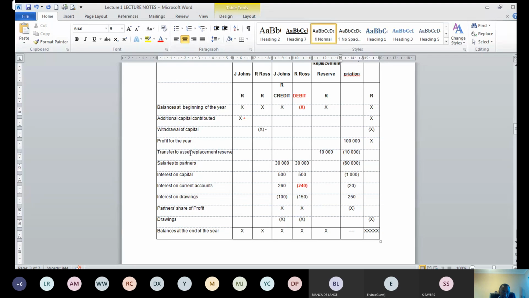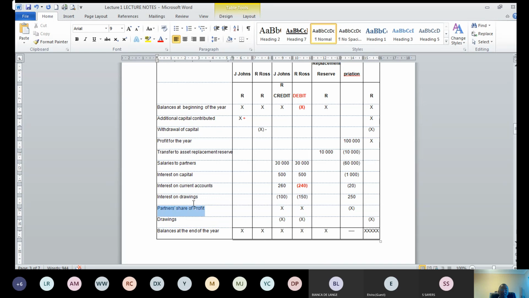Now, in this example, the transfer to the asset replacement reserve, salaries to partners, interest on capital, interest on current account, and interest on drawings were the conditions of the partnership agreement for this question. The next line deals with the share that must now be transferred to the partners' current accounts.